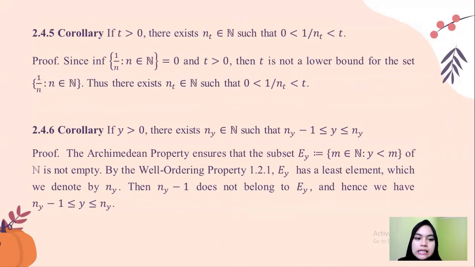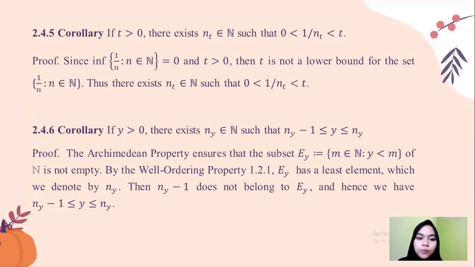And the next is Corollary 2.4.5. If t is greater than 0, there exists n_t an element of the natural numbers such that 0 is less than 1 over n_t and 1 over n_t is less than t. Proof.